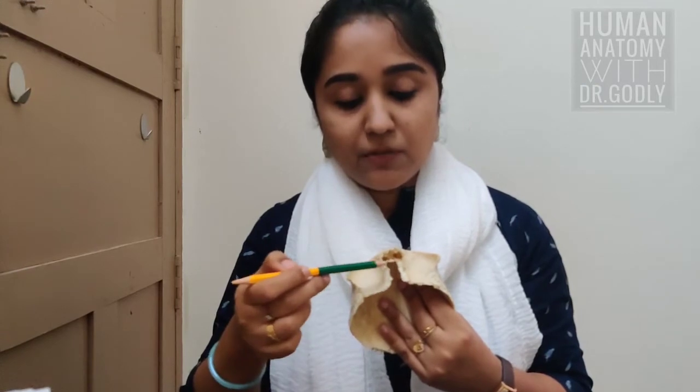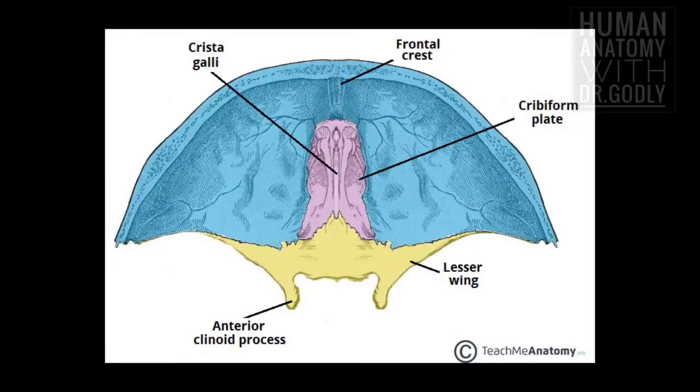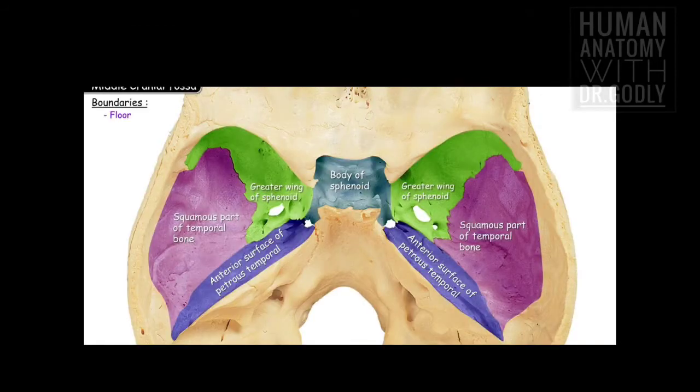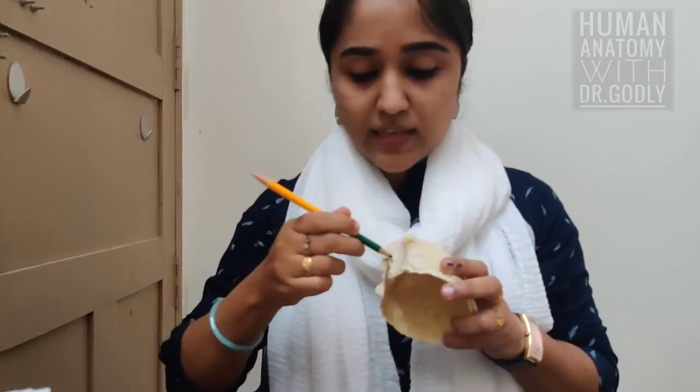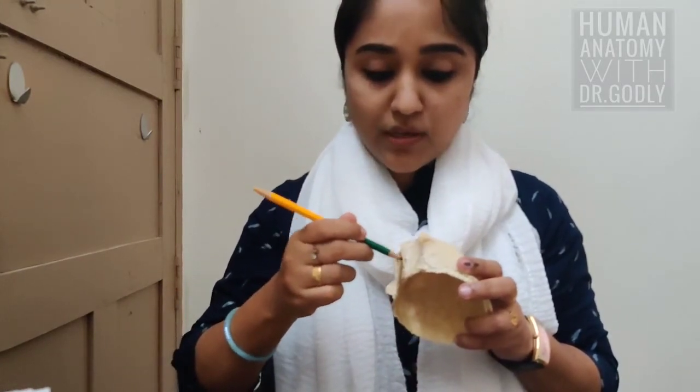So the medial margins of both sides articulate with the ethmoid bone. You can also see two canals, that is the anterior and posterior ethmoidal canals over the region of the medial margin, and these transmit the anterior and posterior ethmoidal nerves and vessels.